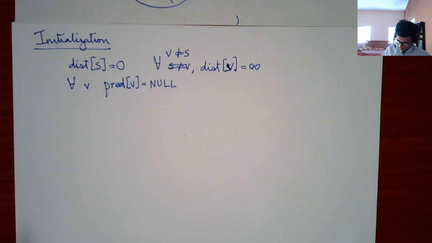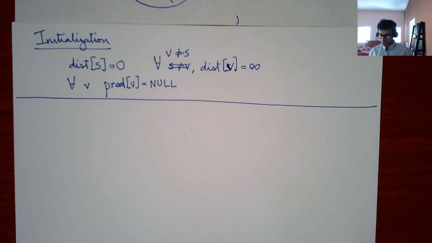Now that we have the arrays, the invariants, and the initialization down, I'm going to give you the key subroutine to essentially all shortest path algorithms. It's called a procedure called relax, and it's called relax because this is related to relaxations of certain linear inequalities.